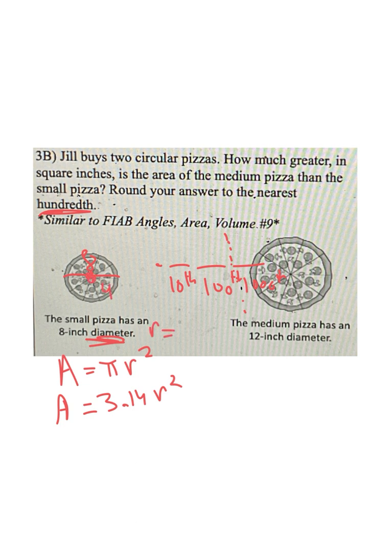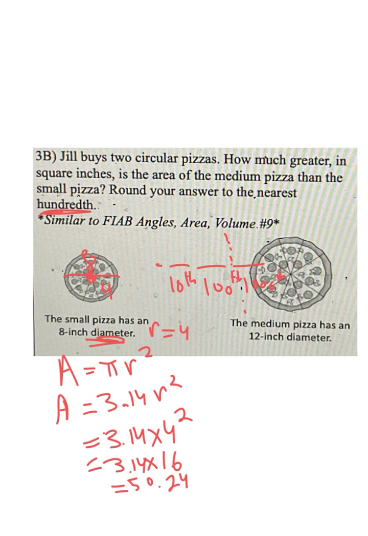So the radius equals 4. And I'm going to say 3.14 times 4 to the power of 2. That means 4 times 4, so that's 16. And 16 times 3.14 gives me 50.24. So that's the area of the small circle.